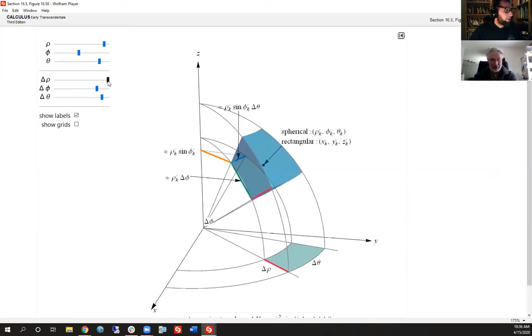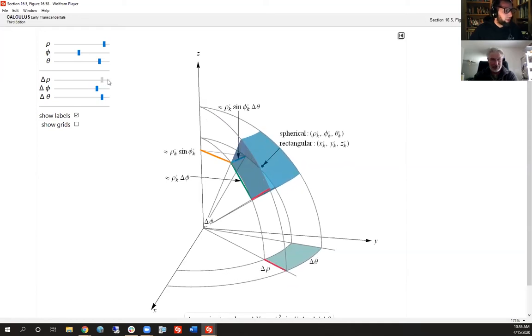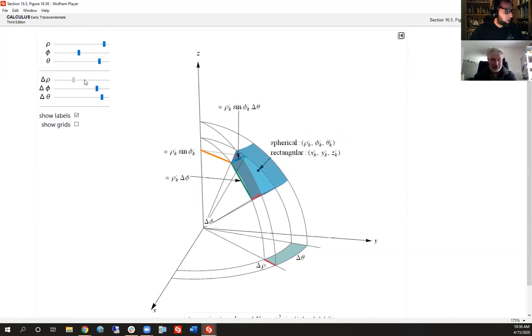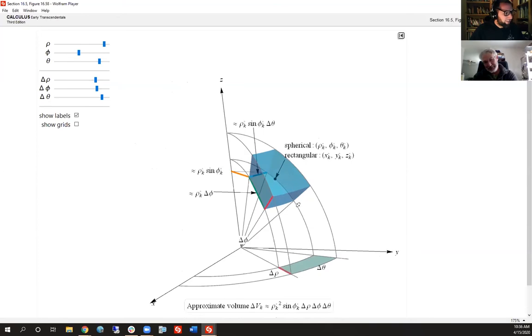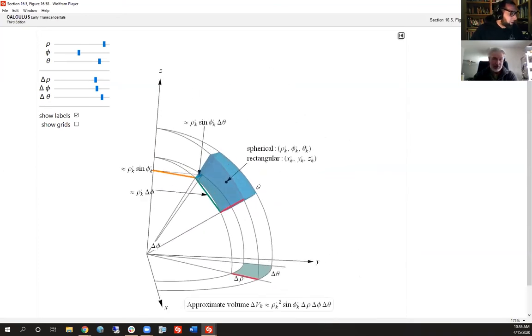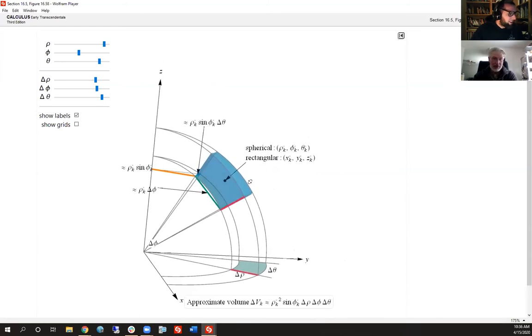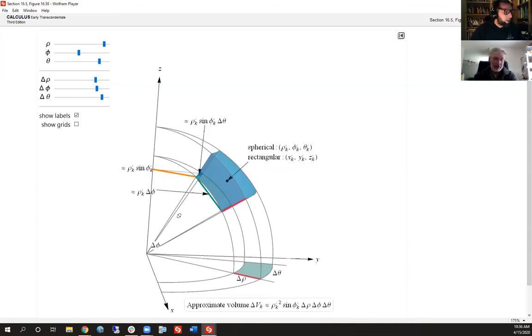And the d rho is impacting the thickness, like the amount of meat of the cantaloupe that we actually get to gnaw on. It's our favorite part of the eating. And so we again get this object that's a little bit rectangular, but we can definitely see that the amount that's rectangular is going to depend upon how far out it is and the various angles that are being swept out.